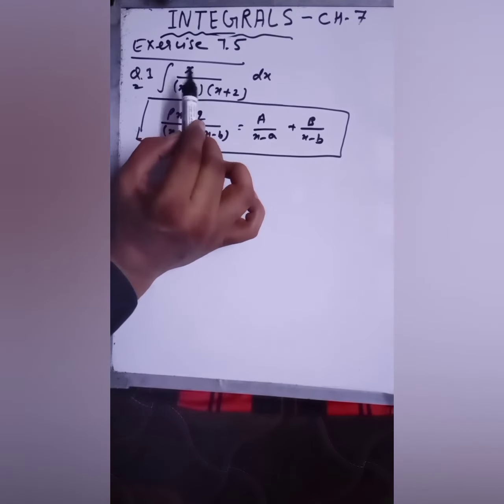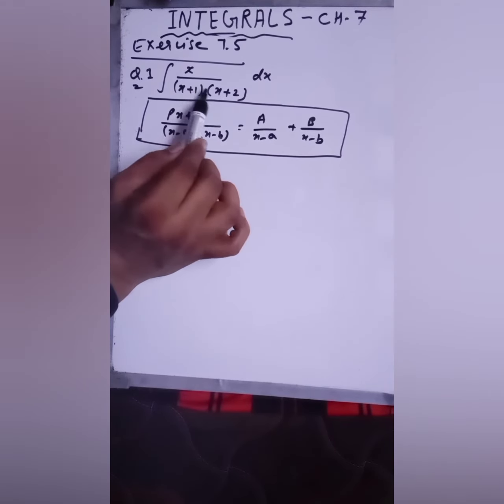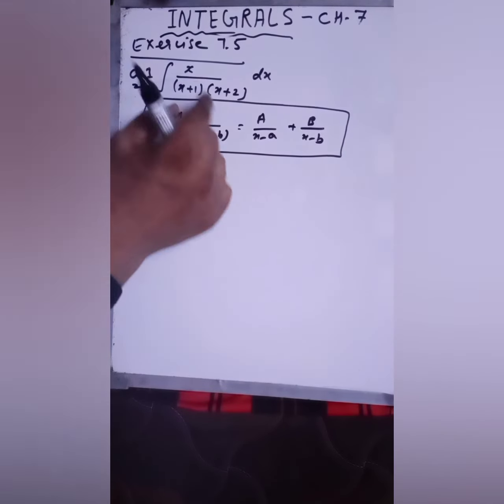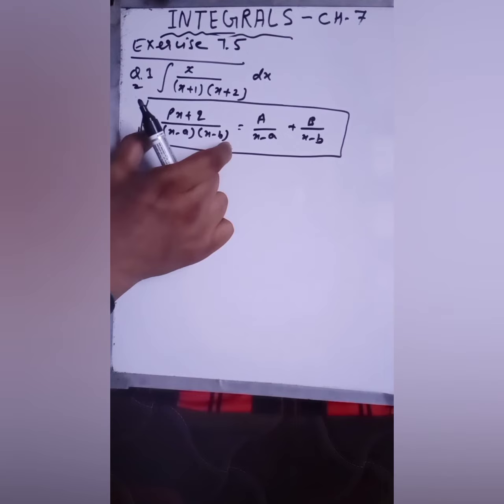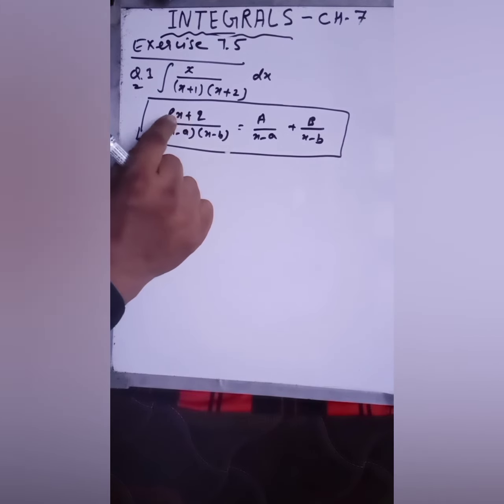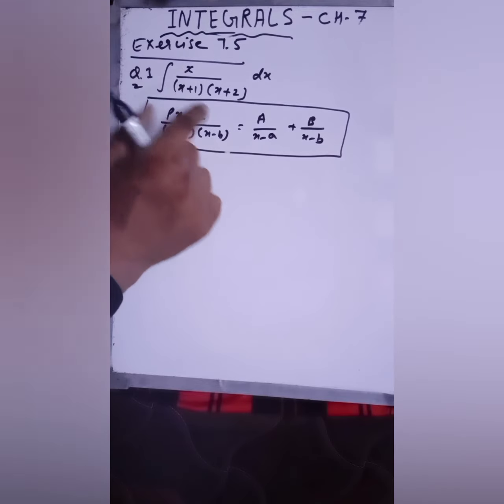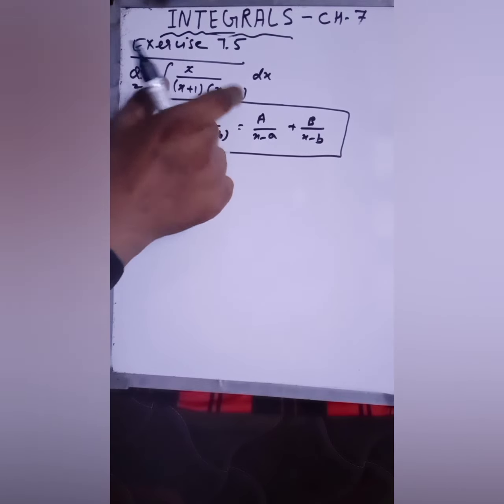From here you can see that the degree of the denominator is more as compared to the degree of the numerator. So this is a proper fraction. It is in this form, because in the numerator you have a linear equation, so x is also a linear equation. Here you have two factors like this.